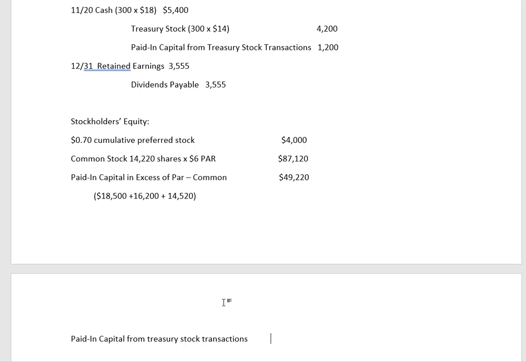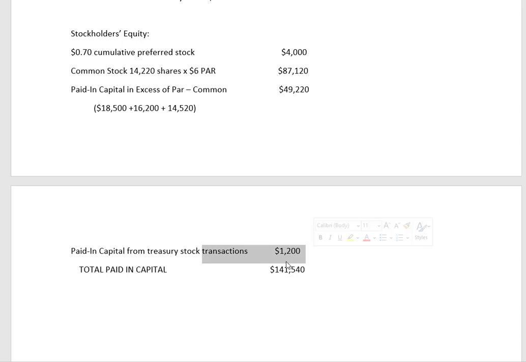So that's going to be 1,200. And that's all of our paid in capital. So if I add all this up, our total paid in capital is 141,540. And that's just totaling up those previous four numbers here.